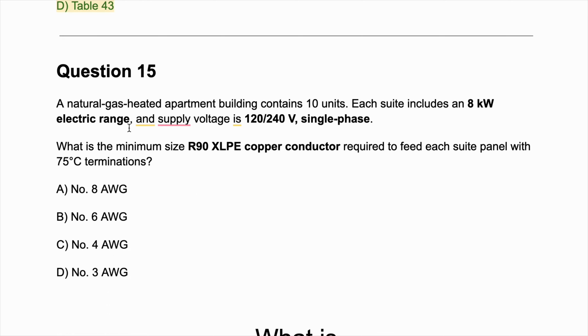Question 15: a natural gas heated apartment. So we heat this apartment with natural gas, not with electricity. The building contains 10 units. Each suite includes an 8 kilowatt electric range and the supply voltage is 120/240 volts single phase. So we have 8 kilowatts for each unit, and that's it.